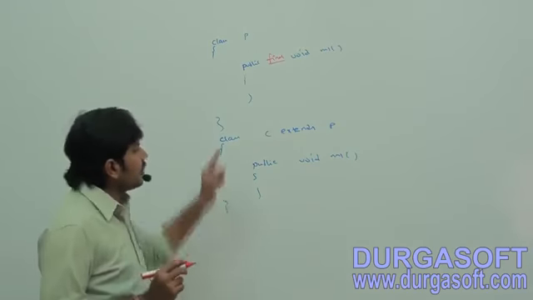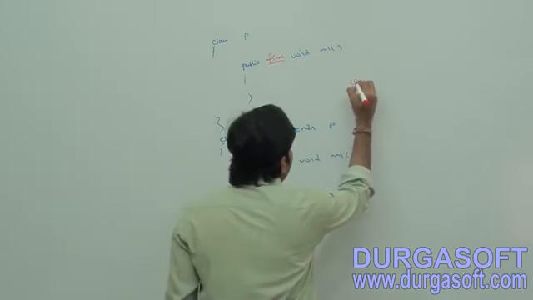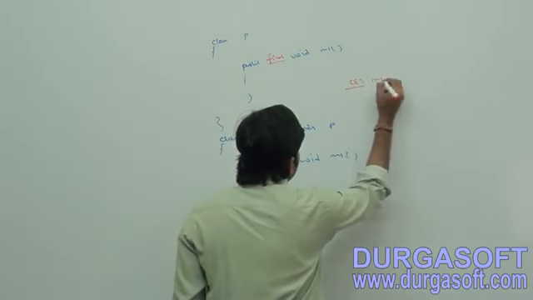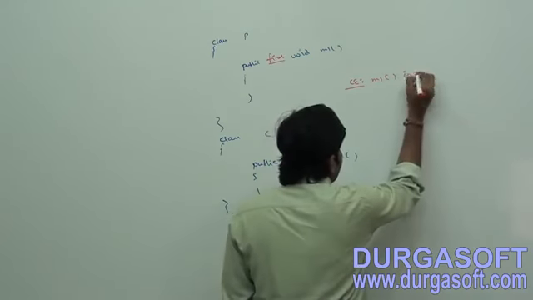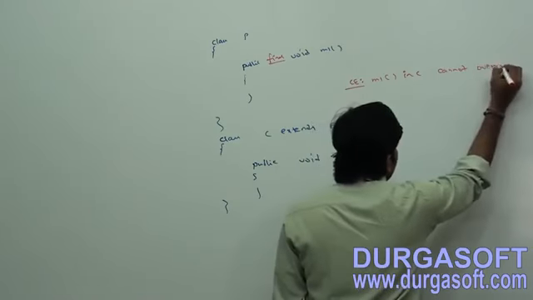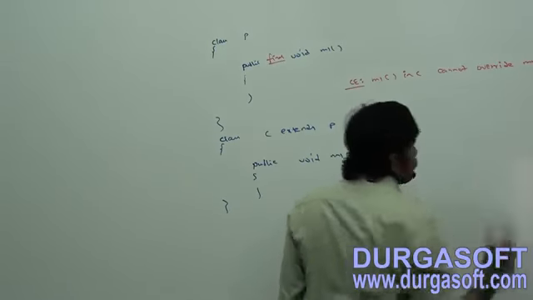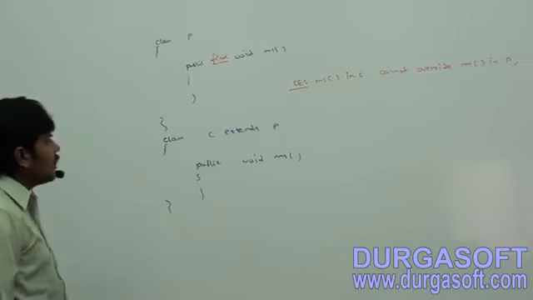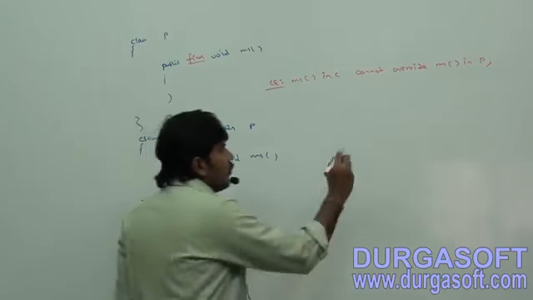If by mistake I try to override like this, immediately we get a compile time error. Can you spell out that error? M1 in C cannot override M1 in P. What is the reason?